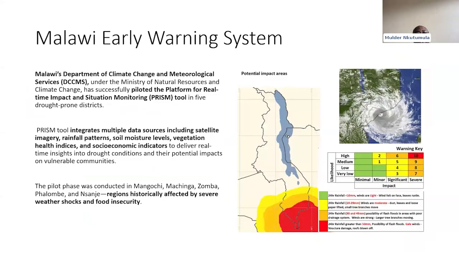We are able to trigger the payout to the communities on time, before the disaster occurs. So in most of the areas, we were able to reach out to the communities before the disasters. However, there are two of them: one which we are piloting now, and another that was supported by the World Bank. Another slide, please.